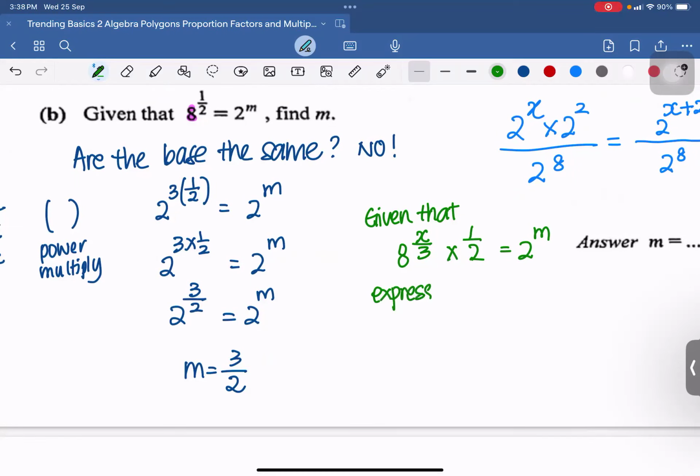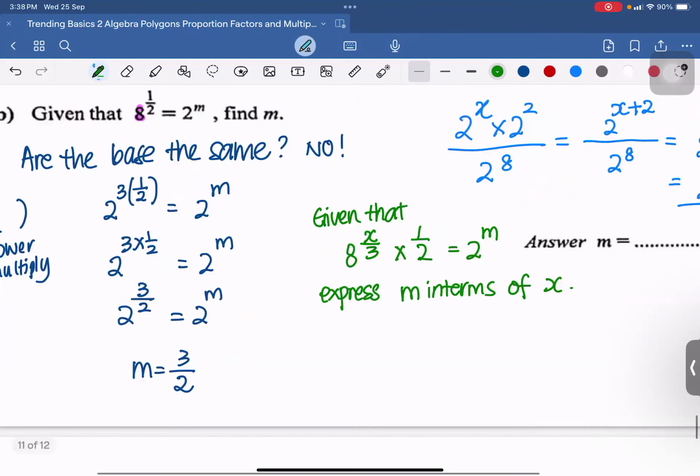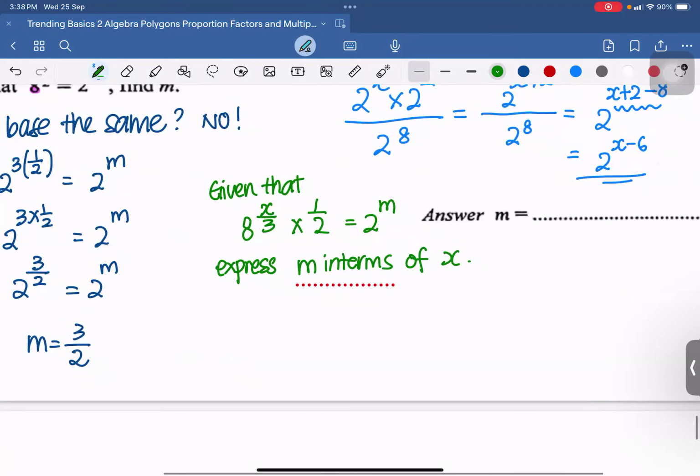Express n in terms of x. How to do this question? Maybe you need some time to write it down. You can write it down first, then think along the way.